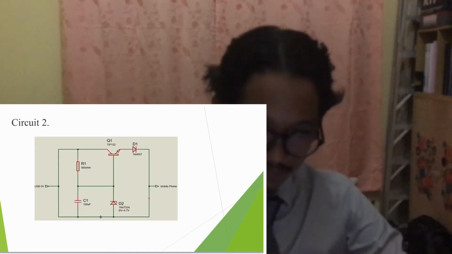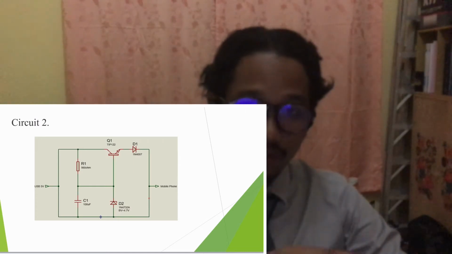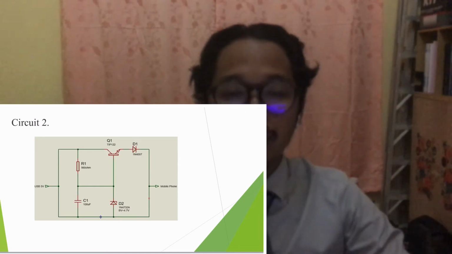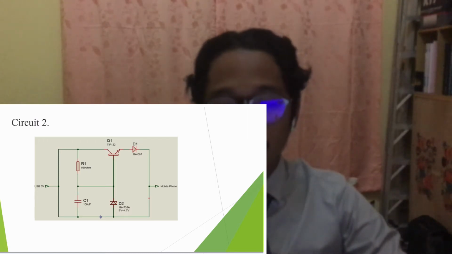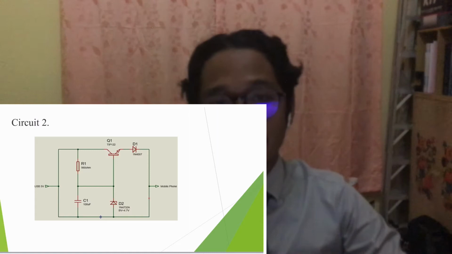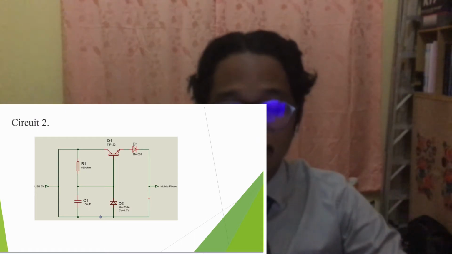So the circuit will make sure the output voltage that we use to connect the USB cable and charge our phone is suitable for the phone.